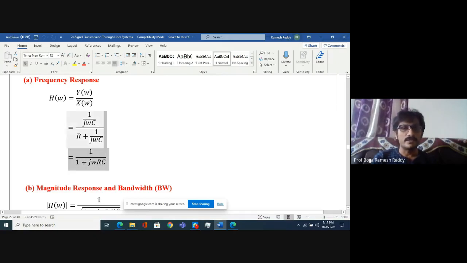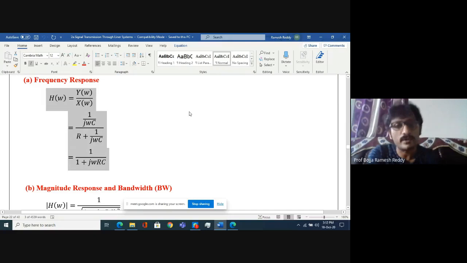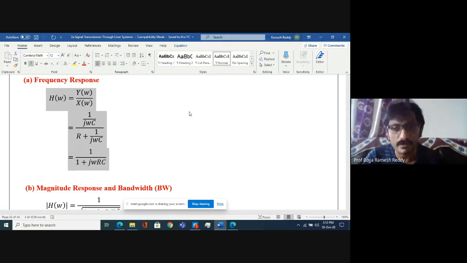That is the procedure to calculate the system function, transfer function or frequency response of any type of system. If it is a big network, then we can go for loop analysis or mesh analysis, applying electrical circuit concepts, to compute the system function or transfer function.